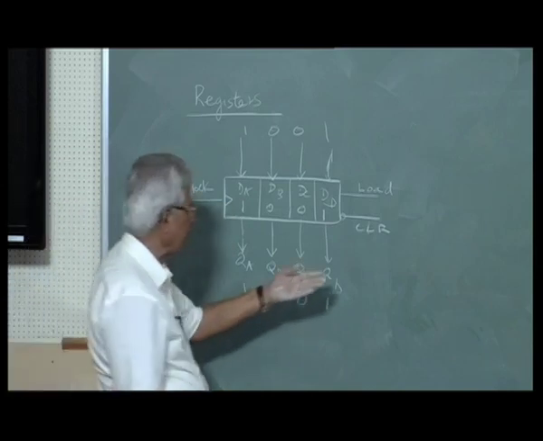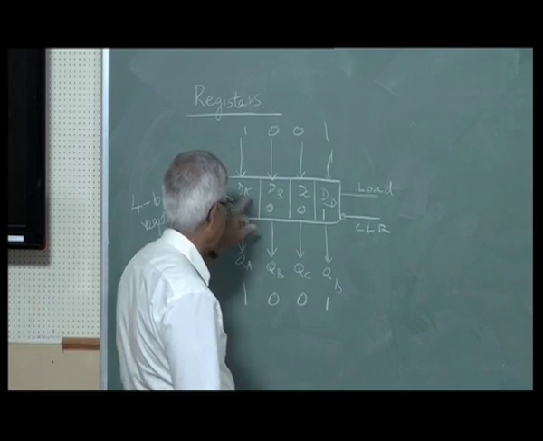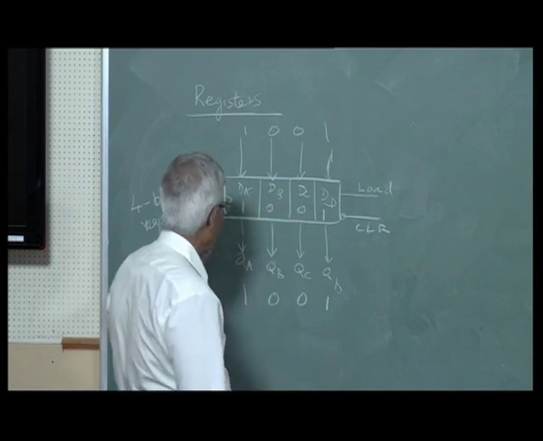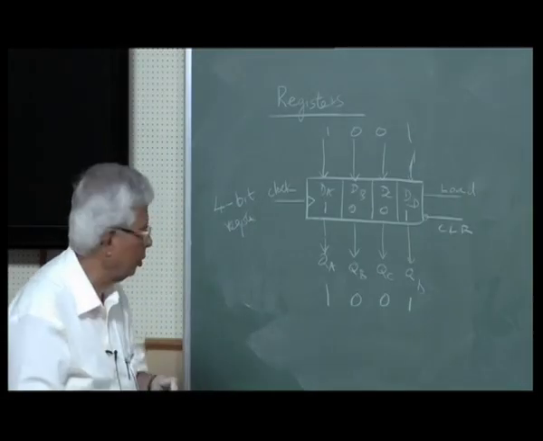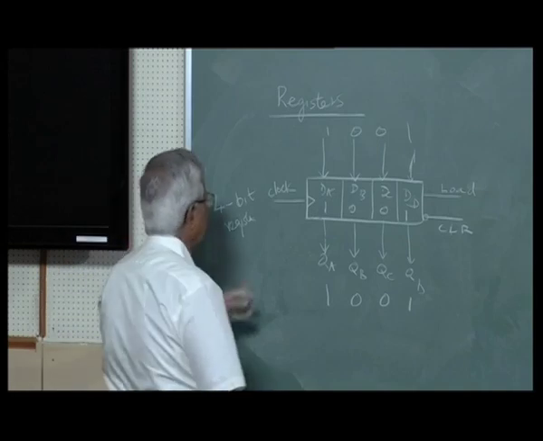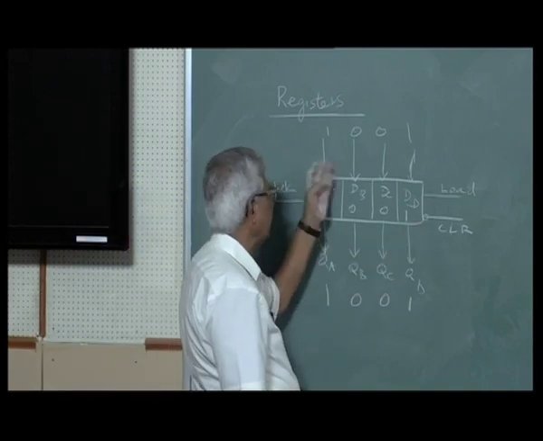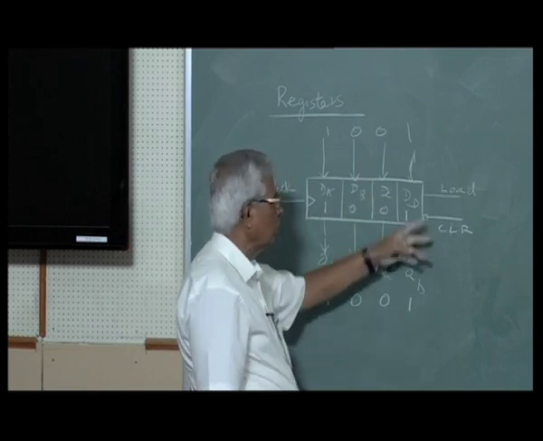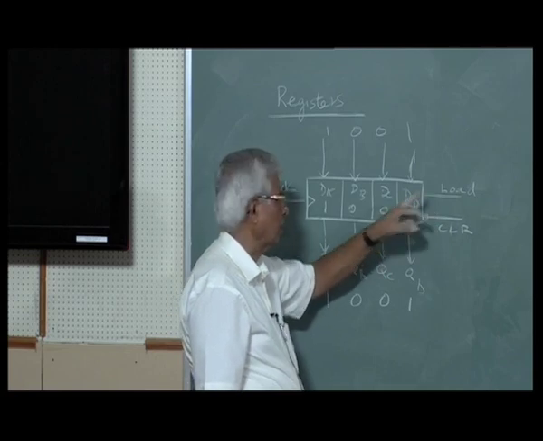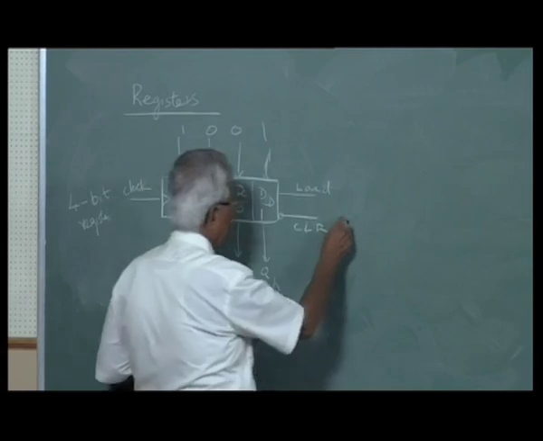A clear signal will make all values of the flip-flops 0, 0, 0, 0. So normally a register will consist of a set of flip-flops clocked by a common clock, with input signals DA, DB, DC, DD, and of course QA, QB, QC, QD being the outputs. There are 2 common input signals, one called load, the other called clear. The clear signal is also sometimes called reset.